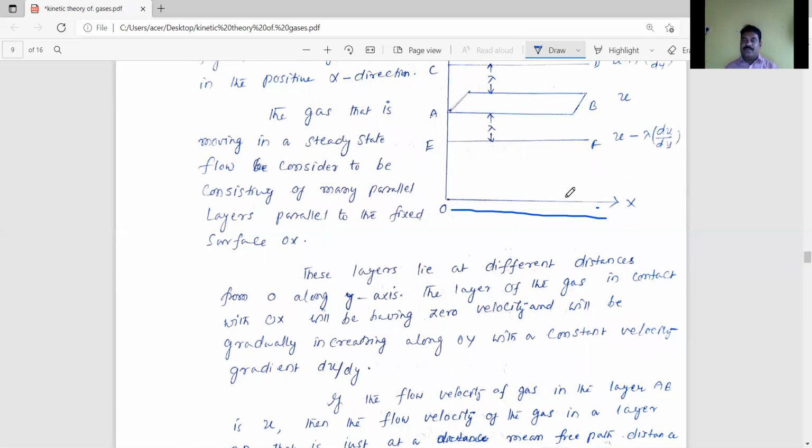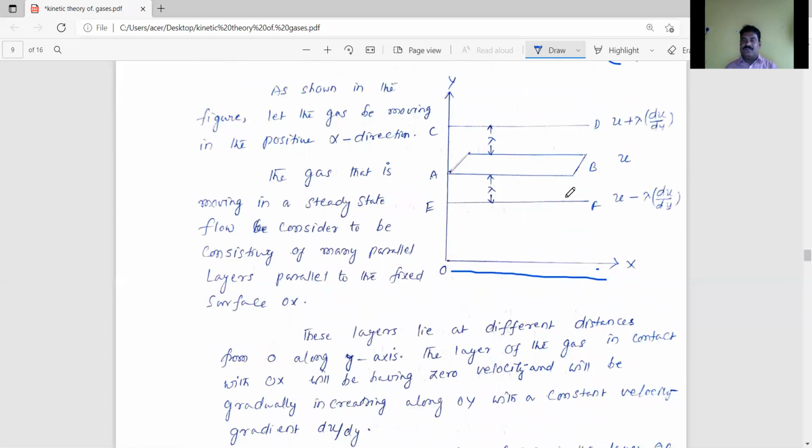Then from the OX axis onwards, the velocity of the layers slowly increases with a velocity gradient along the OY axis. That means the velocity of the layers increases step by step with a velocity gradient, that is du by dy.